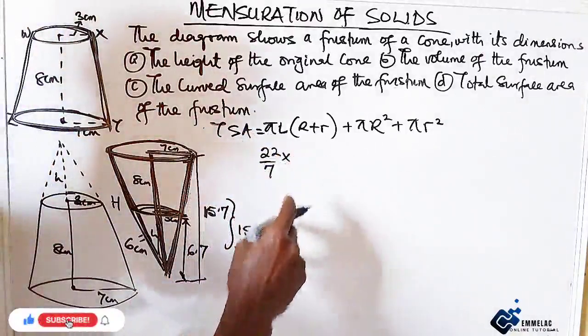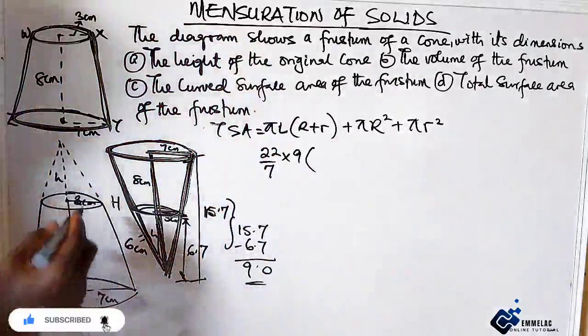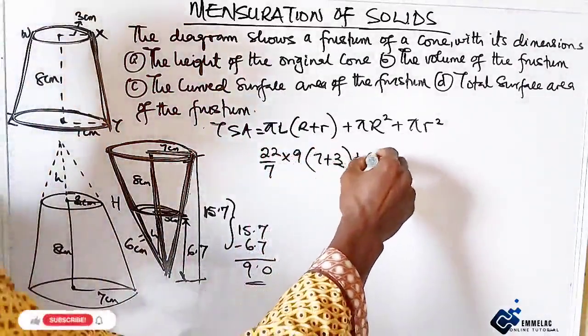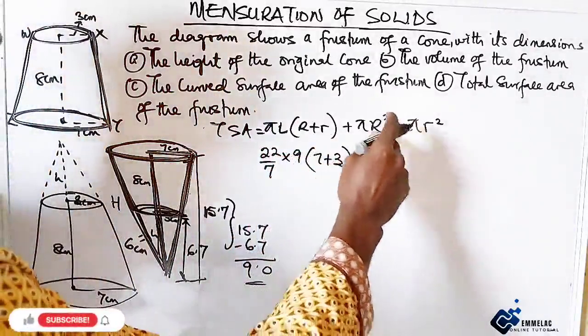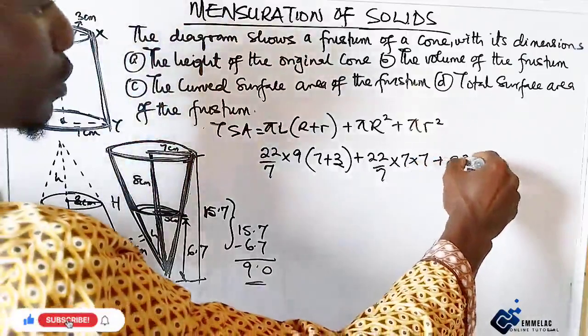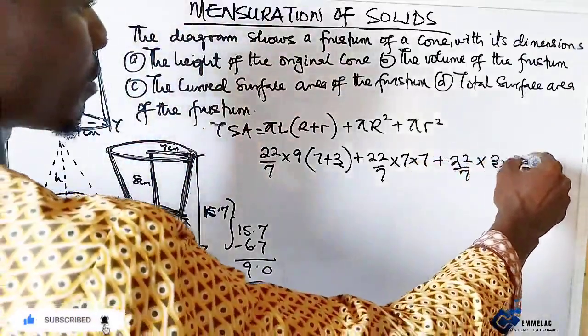22/7 times 9, 9 is the slant height, the small radius, big radius here is 7, plus 3, then plus 22/7 times big radius, 7 times 7, then plus 22/7 times small radius, that will be 3 times 3.